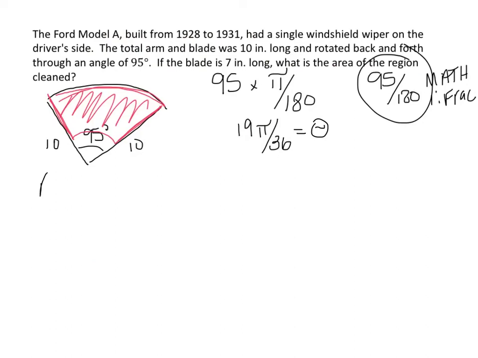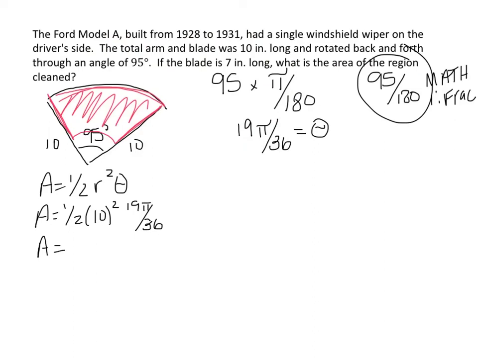So if I look at my area formula, what I've got on my largest area is 1/2 times 10 squared times 19 pi over 36. Plugging this directly into the calculator, I get that the large area is 82.903. My next step is to take this smaller area.